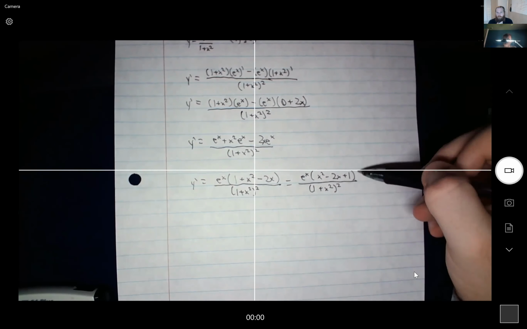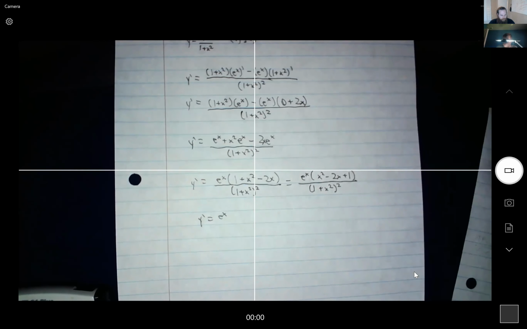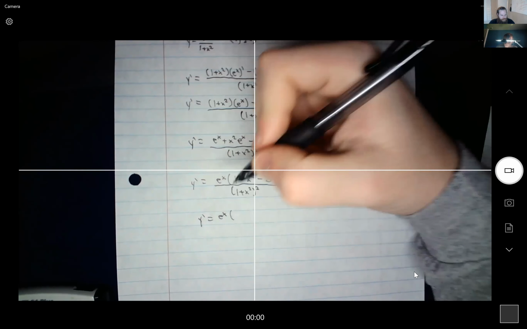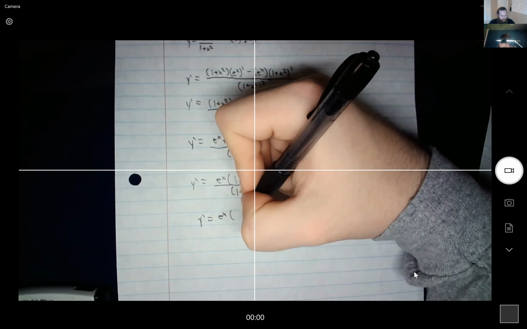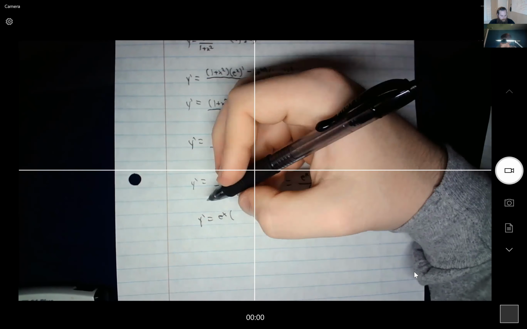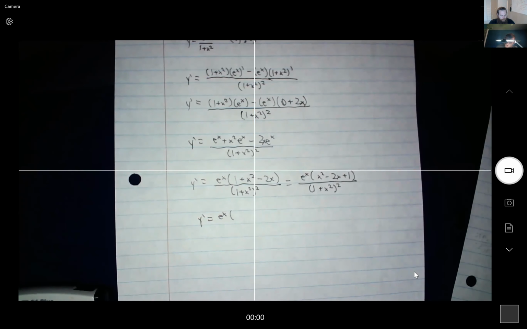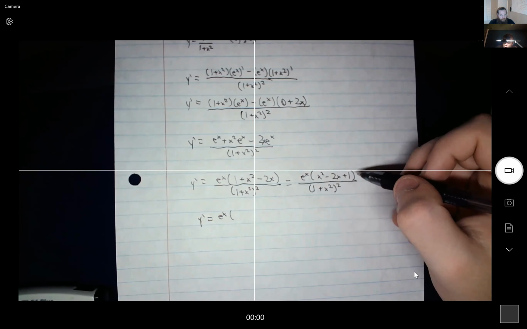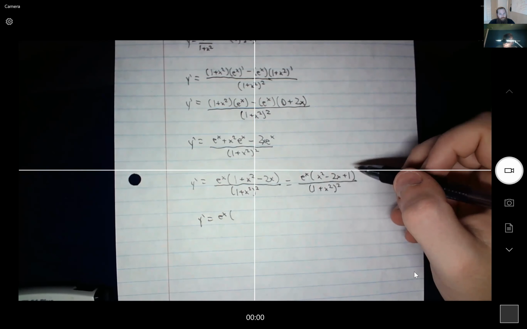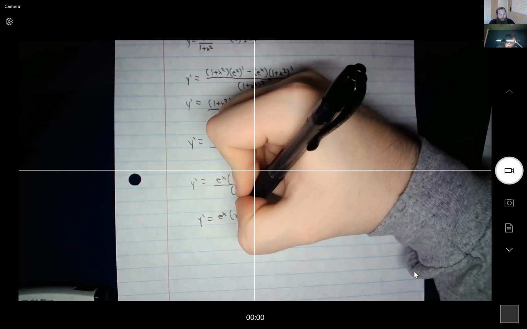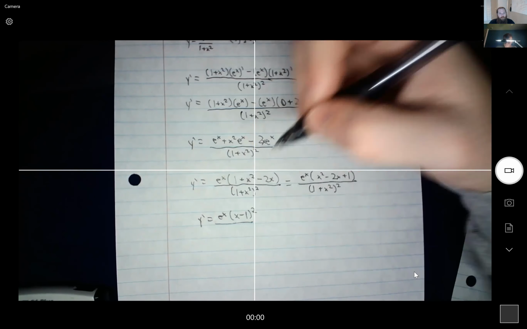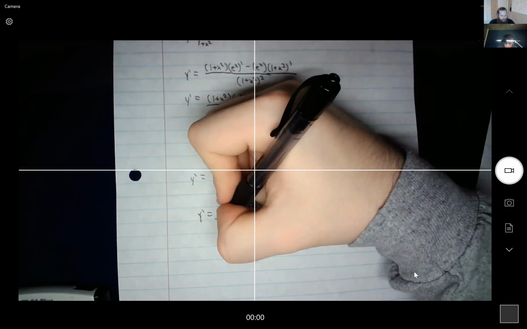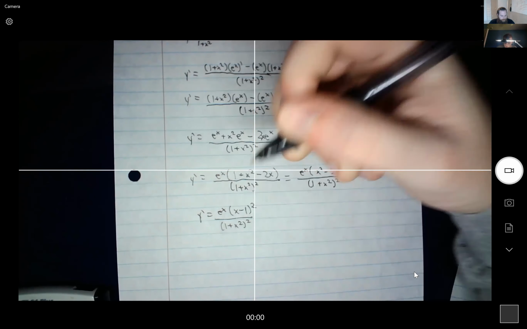This top one is reducible, so y prime would be e to the x times x minus 1 squared, all over 1 plus x squared squared.